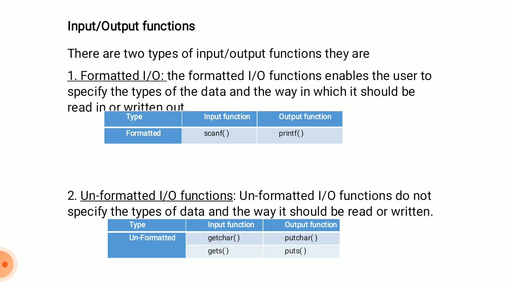Now we will see some input and output functions. There are two types: formatted input output functions and unformatted input output functions. Formatted input output functions enable the user to specify the type of the data and the way in which it should be read in or written out.